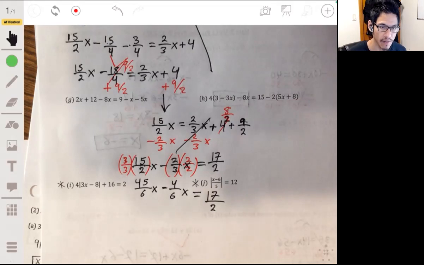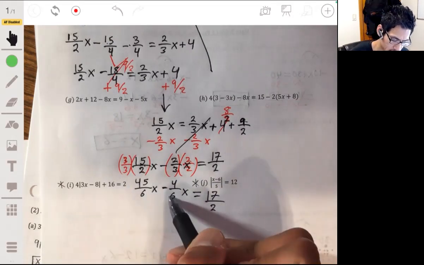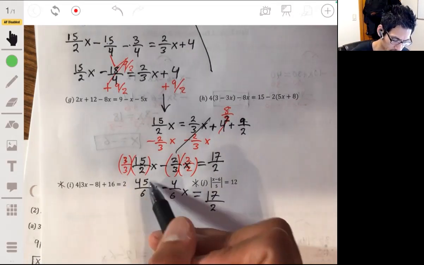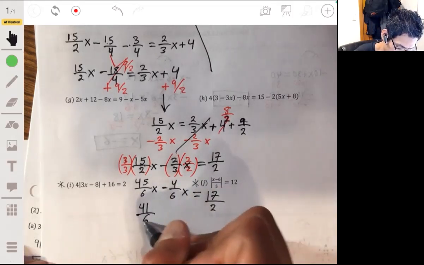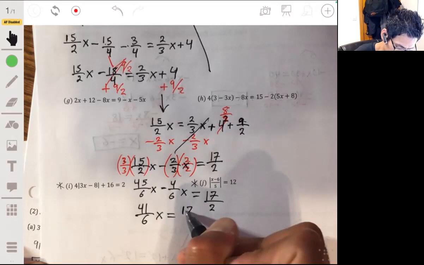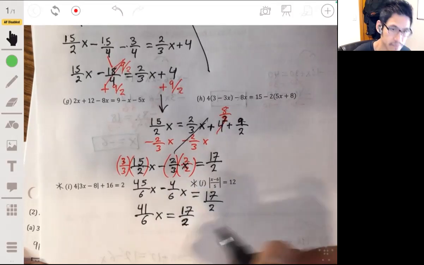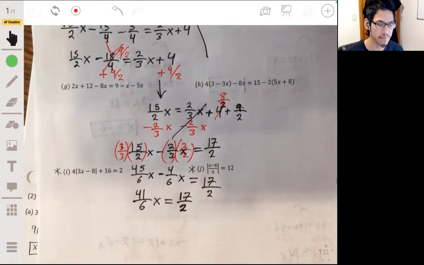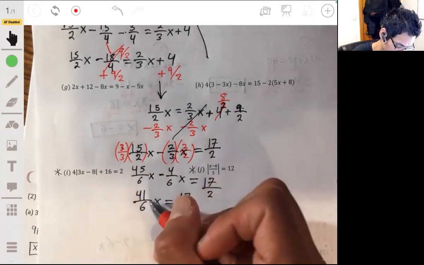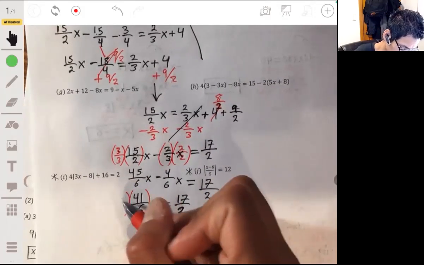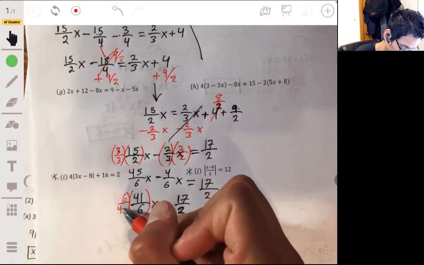All right. Now, same denominators. So then we can just subtract 45 minus 4. So 41/6 x equals 17/2. And then let's cancel out this 41/6 by multiplying both sides by 6/41.